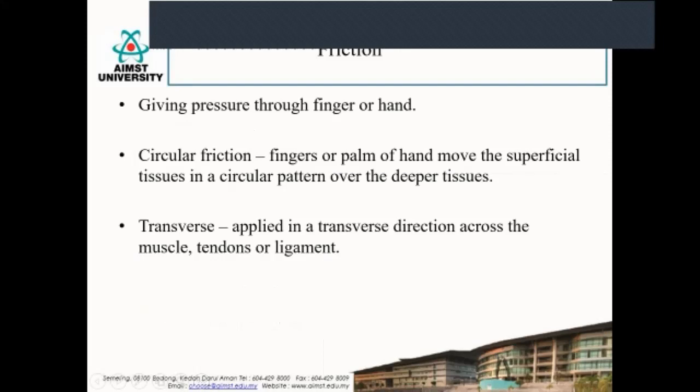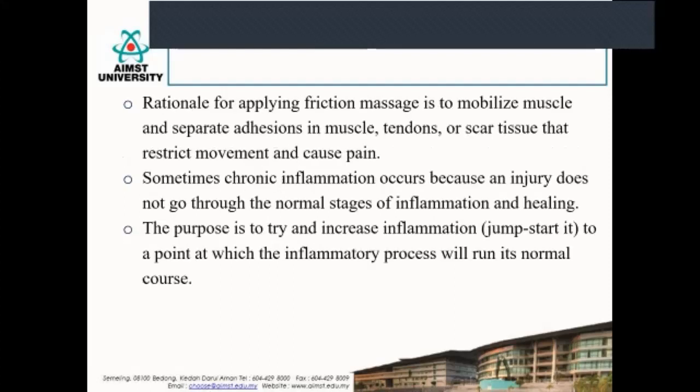Circular means you do it in a circular form. Transverse means you have to do it parallel to the fibers, with a parallel movement. Circular is the round one and transverse is the parallel one.